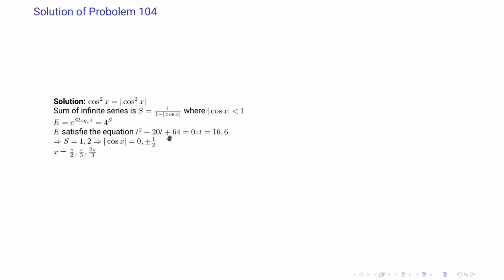The roots of this equation would be t is equal to 16 and 4. So 4 to the power s, if you compare with 16 and 4, will give you two results, 1 and 2, which will lead mod of cos x to be 0, plus minus 1 by 2. So these three values will give us three results: pi by 2, pi by 3 and 2 pi by 3. Pi by 2 will correspond to 0, pi by 3 will correspond to plus half, and 2 pi by 3 corresponds to minus half.